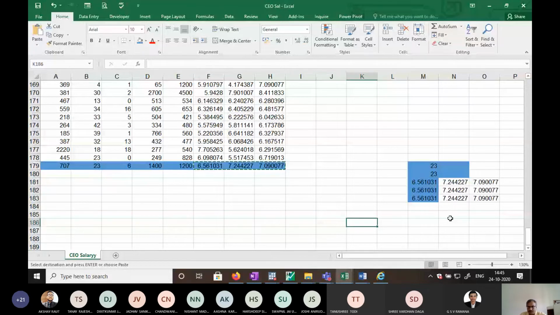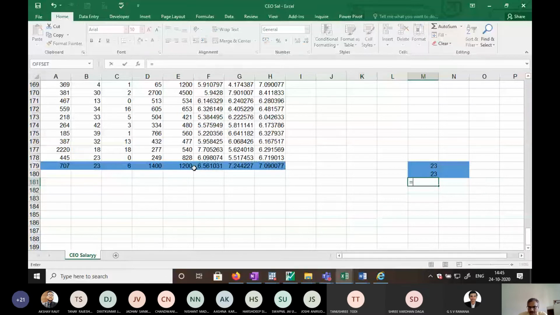I don't know what wrong I'm doing. I'll straight away copy this data from here. I think this works. So here I've got all the three things with me.